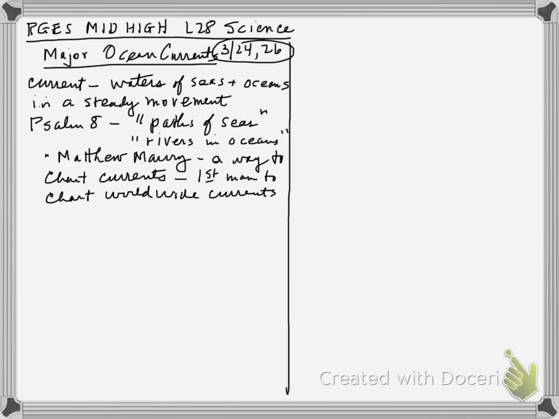He lived in Virginia a little before the Civil War. He was doing this work, and he was called the Pathfinder of the Seas. He's a rather famous person because he was able to chart these paths.